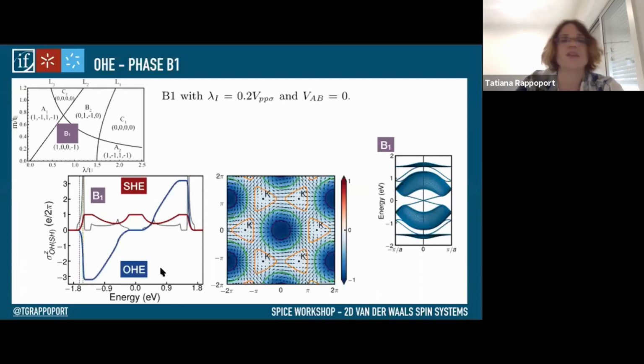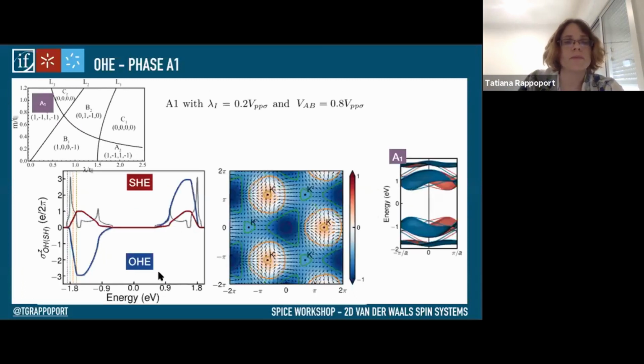And it has a nice plateau, but this plateau is not quantized. So it depends on the parameters of the Hamiltonian. If we now move to a second phase, now let's break the sublattice symmetry. In a way, we destroy the central, the topological gap, the central gap.